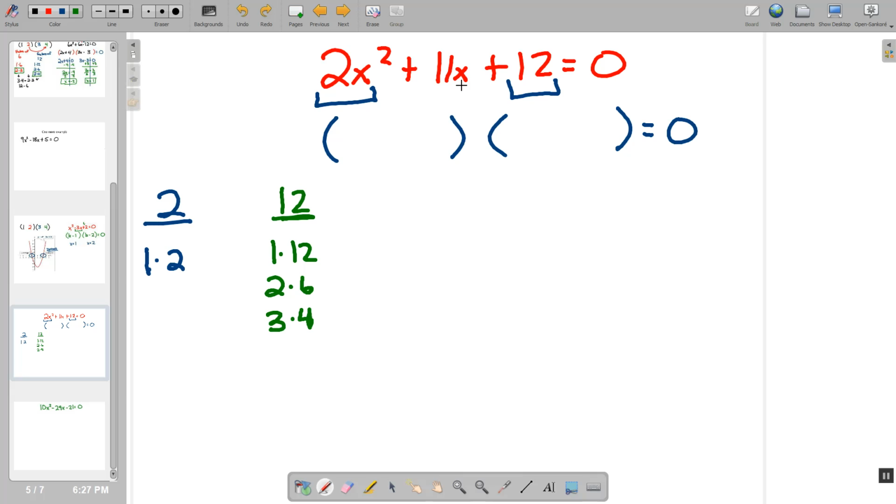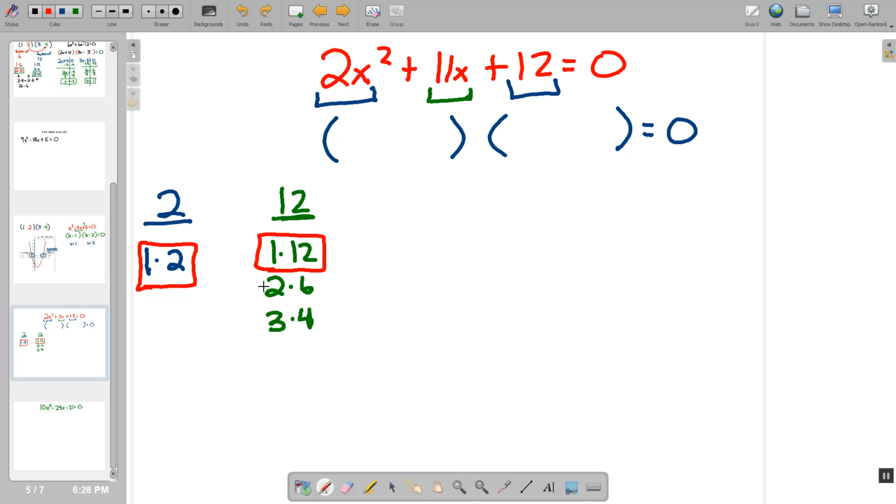And I need to create the middle number of +11 by using these pairs of factors. I notice that the final number here of 12 is positive, so I'm going to be adding two numbers together to get +11. What I could do is pick any pair of factors here on the edge.